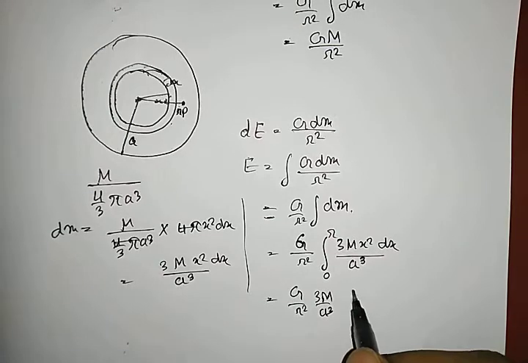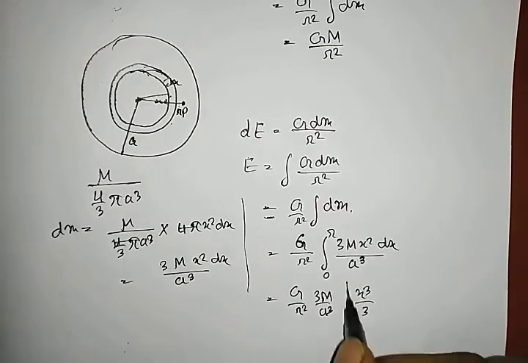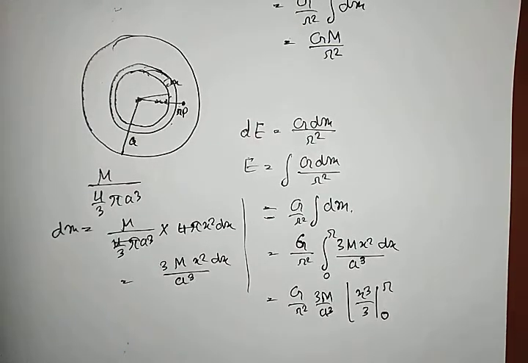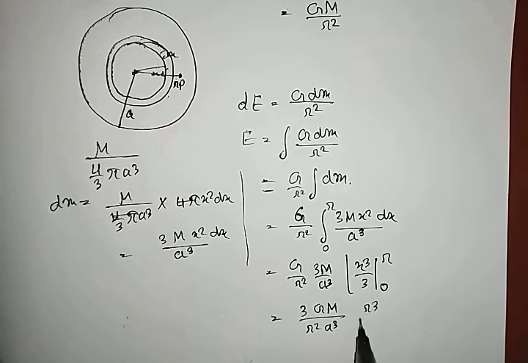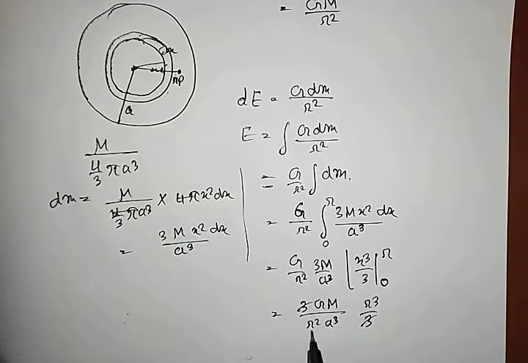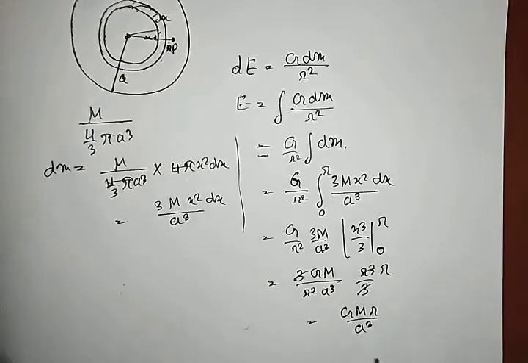Integral of x squared becomes x cubed by 3, and the limit from 0 to r. So 3GM by r squared a cubed, r cubed by 3, here 3 and 3 will be cancelled out, and r squared and r cubed, so this becomes r. So GMr by a cubed.